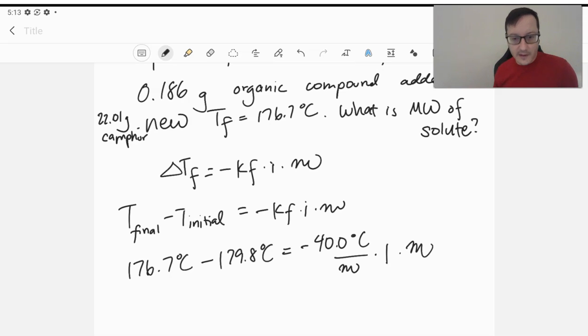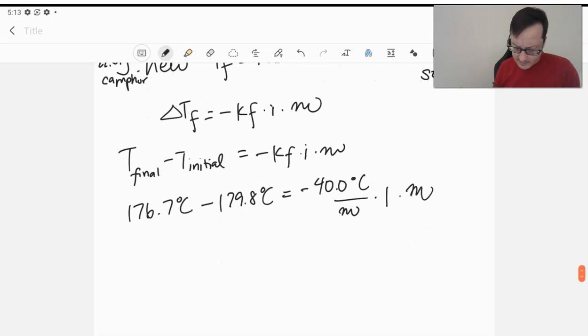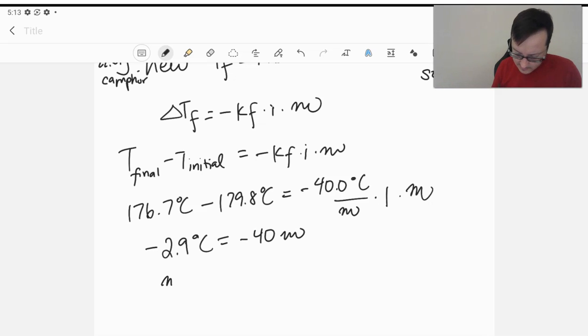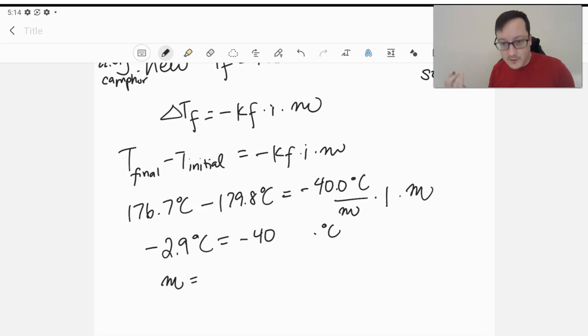Doing the math, that's negative 2.9 degrees Celsius equals negative 40 times the molality. I forgot we have the degrees Celsius, but the degrees Celsius will be the same on both sides, so that cancels out. The units of molality will also cancel out, so let's not worry about the units right now.